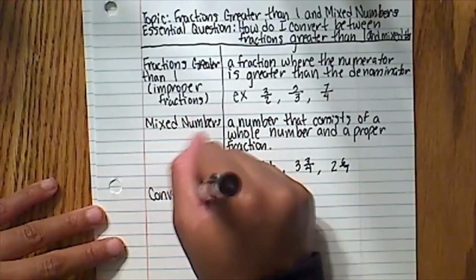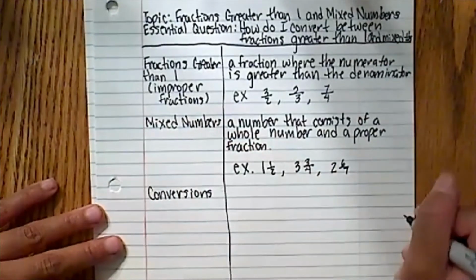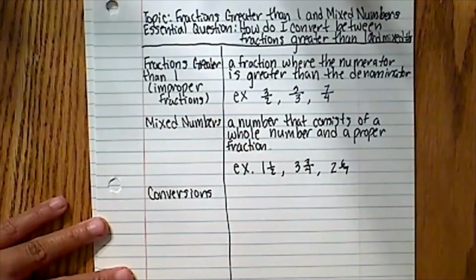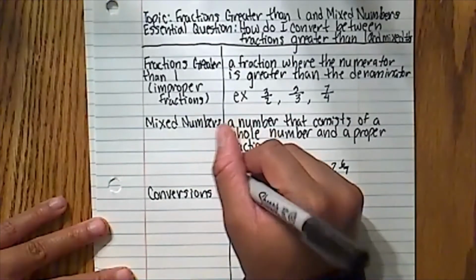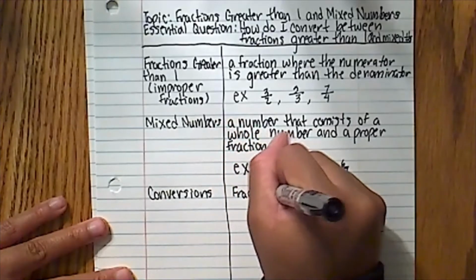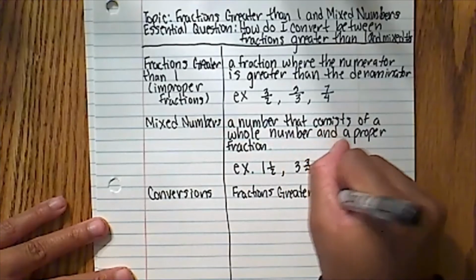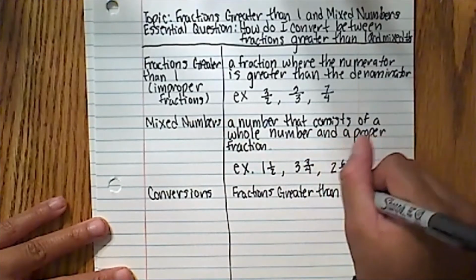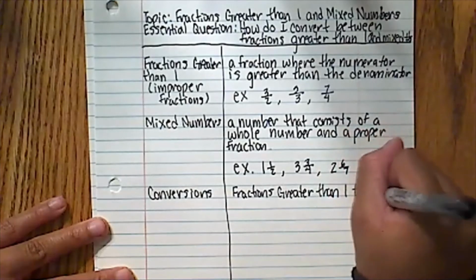And the first conversion is from fractions greater than 1 to a mixed number. So we are gonna go from fractions greater than 1 to mixed numbers.